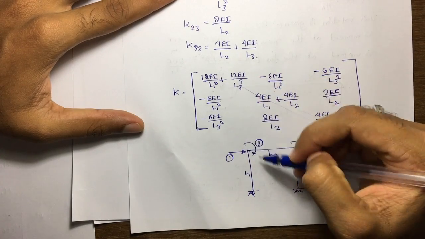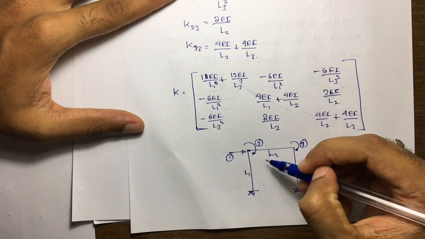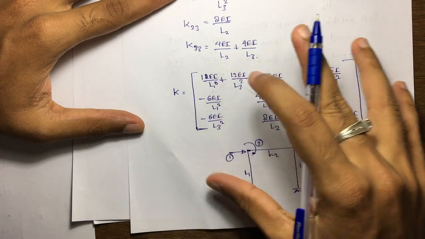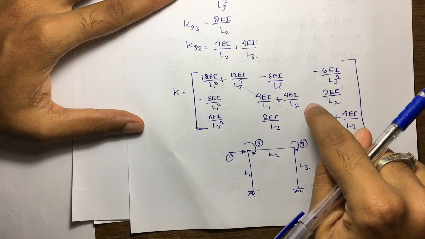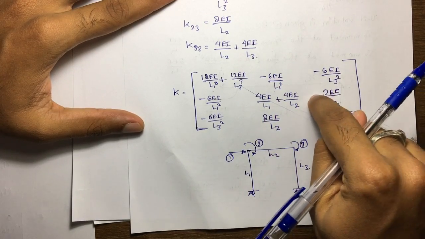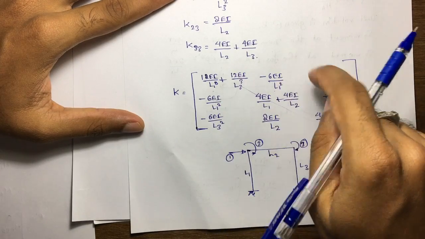If I substitute these values here, L1 may be 4 meter or any value, and we can find the stiffness matrix for sway analysis of any frame using this formula.